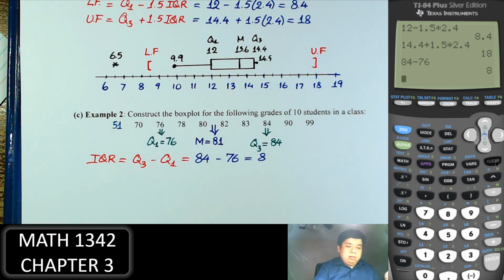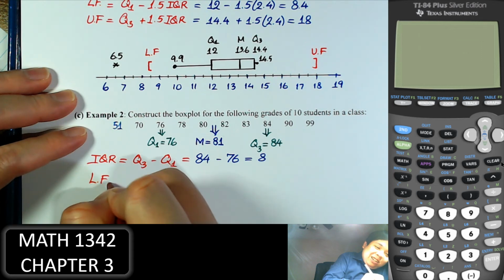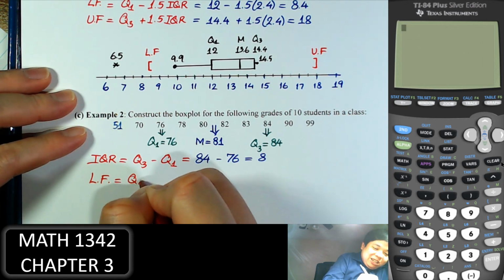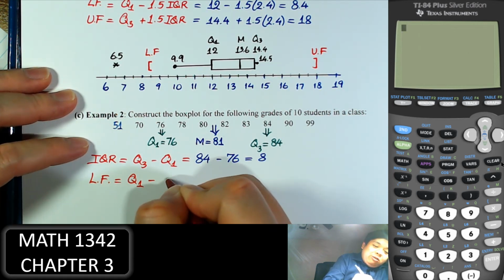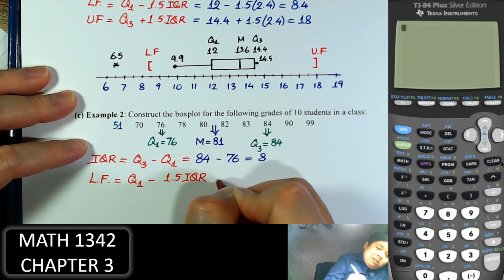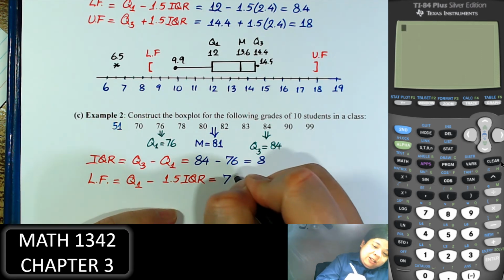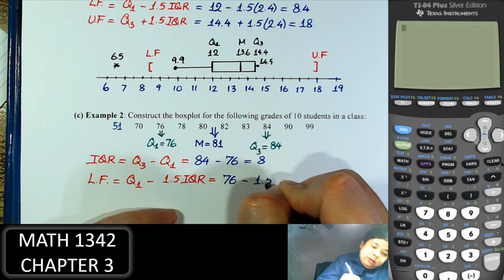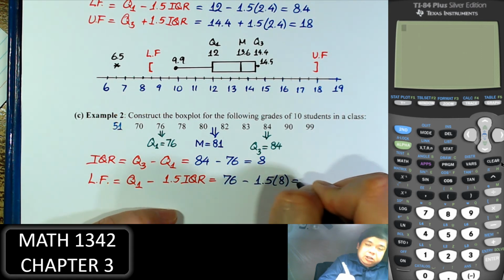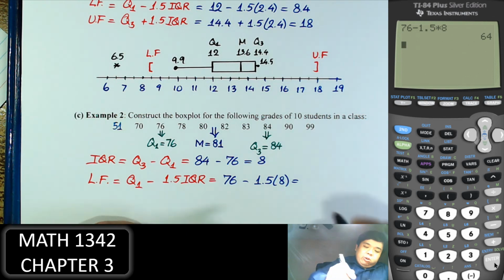Right, lower fence is Q1 minus 1.5 times IQR. Q1 is 76, and we have 1.5 times 8. That will be 12. 76 minus 12 is 64.